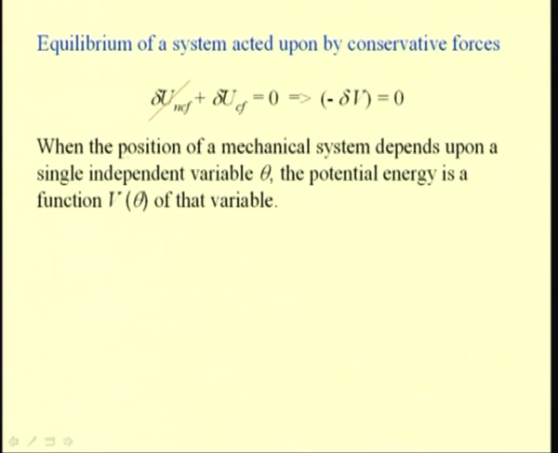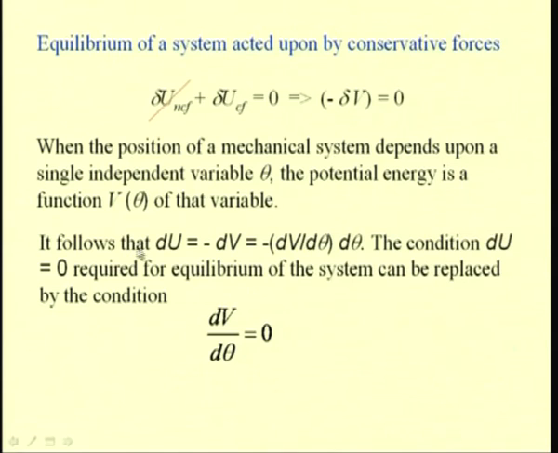When the position of the mechanical system depends upon a single independent variable theta, the potential energy is in terms of theta, and we can redefine the equilibrium as dU, the change in work, equal to minus dV, which is minus dV by d theta times d theta, and since this has to be 0, dV by d theta is equal to 0.